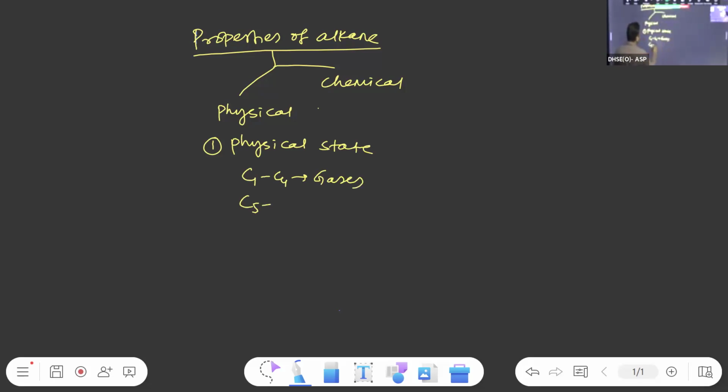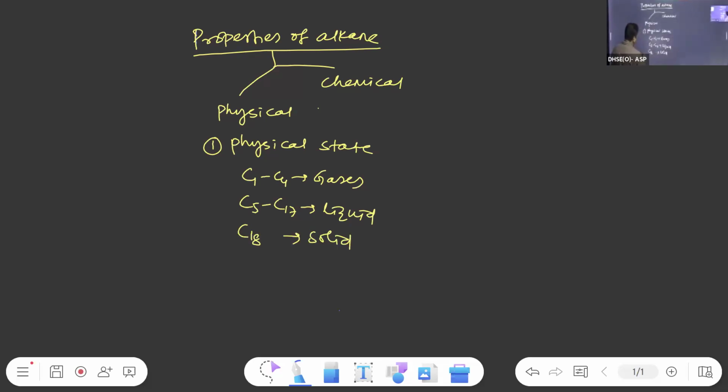Then C5 to C17 are liquids, and C18 onwards, all are solids. This is the first point in physical properties.